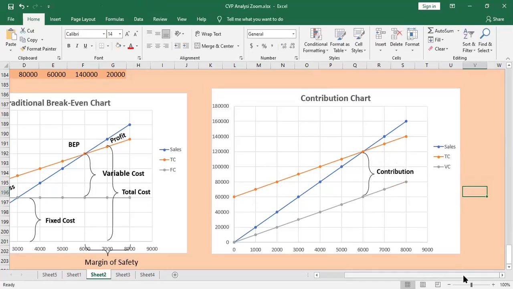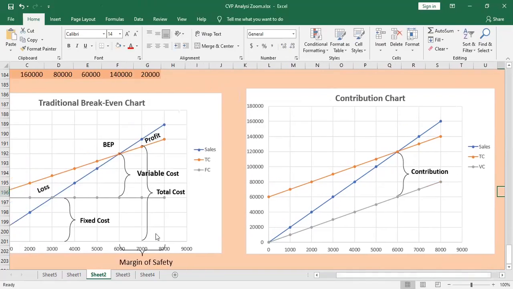Right. So now you can see in this chart we cannot show contribution, but here we can. That is the difference between sales and the variable cost. So you can see the contribution in this space, right?